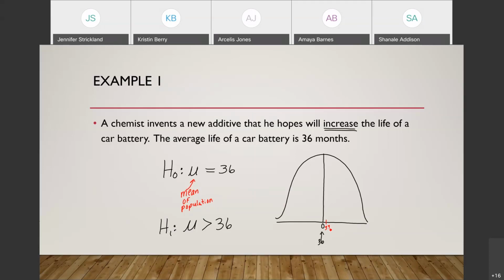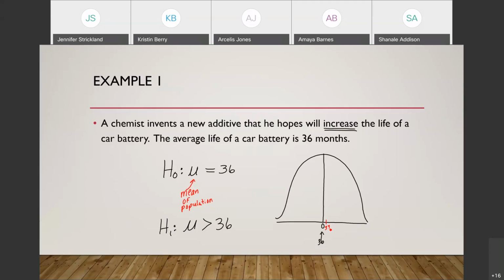Is that enough of a difference for you to go buy this additive? Let's say that the additive costs $75. You're going to go buy it so that your battery will last one more month. What do you think? You go buy it or not? No, I'm not. Not for 1 month, right?